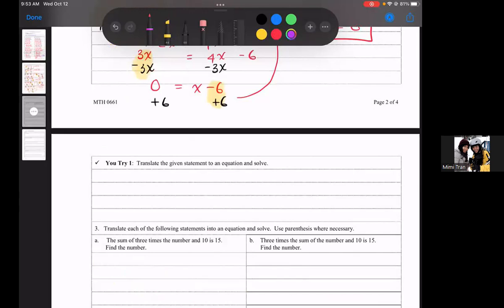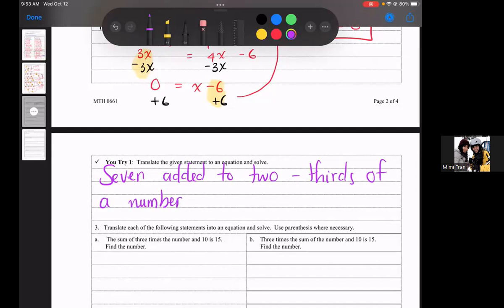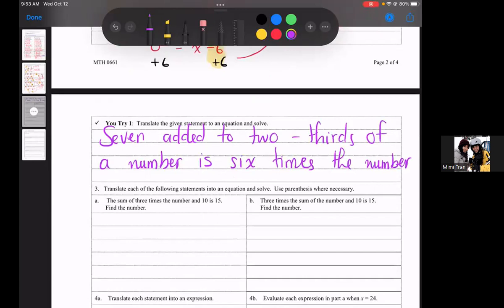Translate the given statement into an equation and solve. Seven added to 2/3 of a number is 6 times the number.